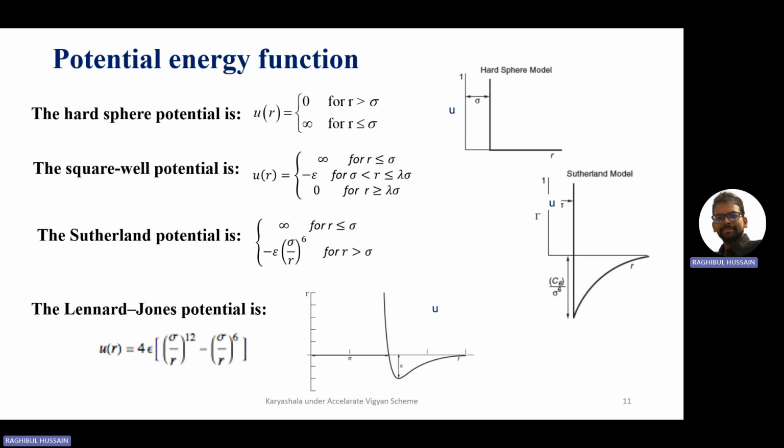For that reason, in the Lennard-Jones potential, you can see that this is not a straight line. This repulsion is not a straight vertical line, unlike the Sutherland and hard sphere. It is slightly tilted, because unless this distance becomes the equilibrium bond length, it cannot be stabilized. So whenever you are working with the Lennard-Jones potential, you see that the diagram is not a straight vertical line.